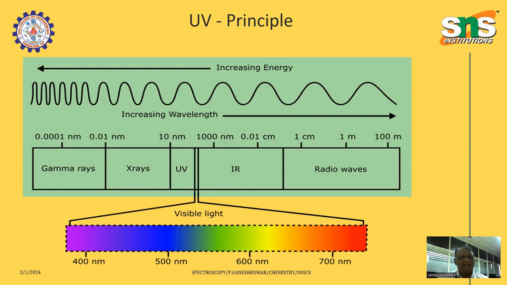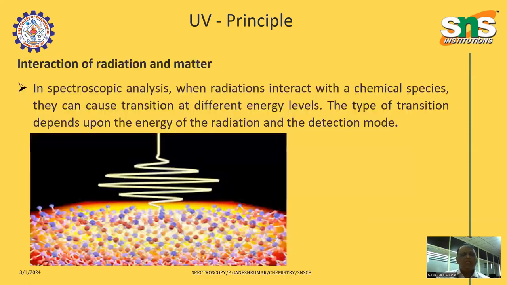So when light behaves in this region, it is considered UV and visible light. Our principle in ultraviolet spectroscopy is that when light of these wavelengths interacts with the chemical compound, what happens?